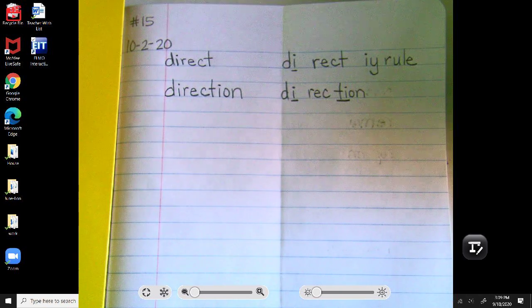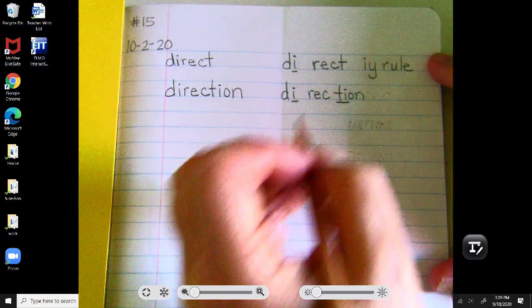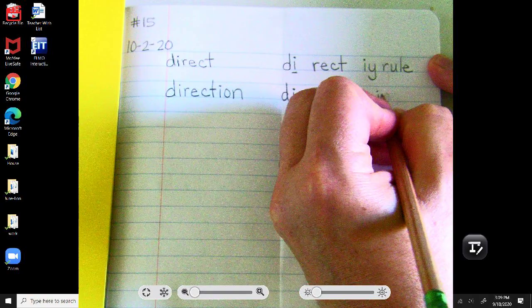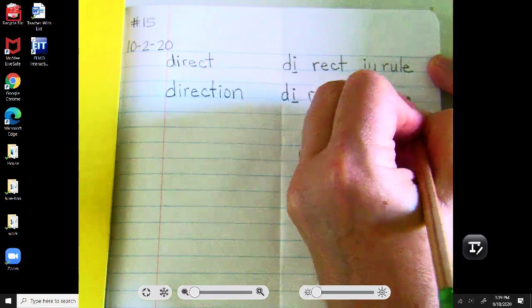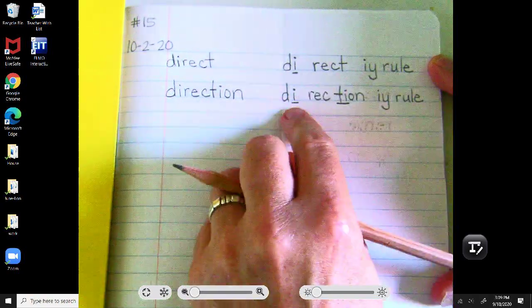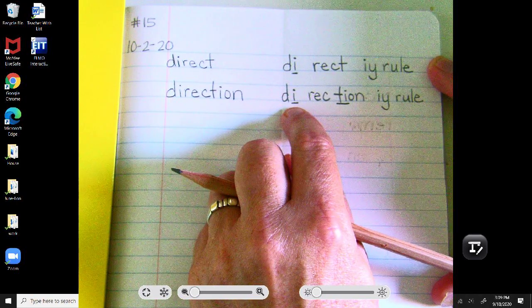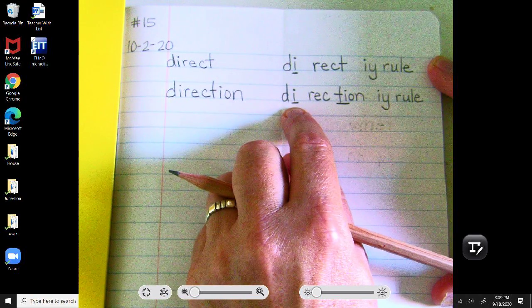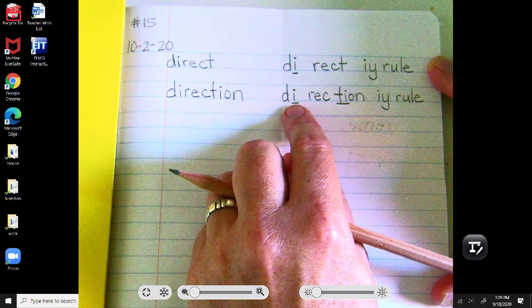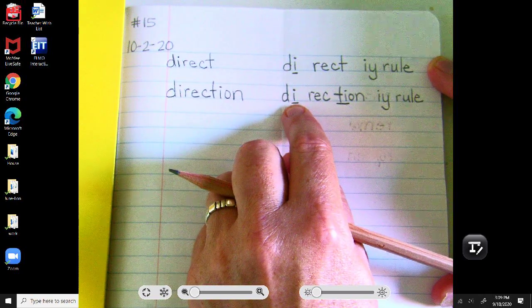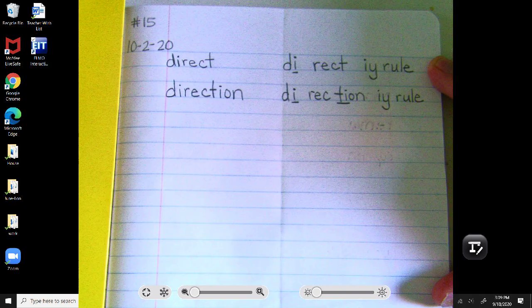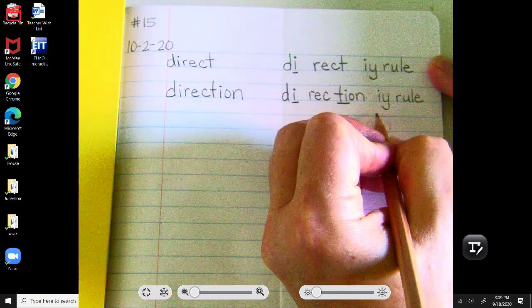Direction has two rules. We, of course, have the I-Y rule again. Say it with me. I and Y may say I at the end of a syllable. An I-E saying its name sound of I. And I bet you caught this one.